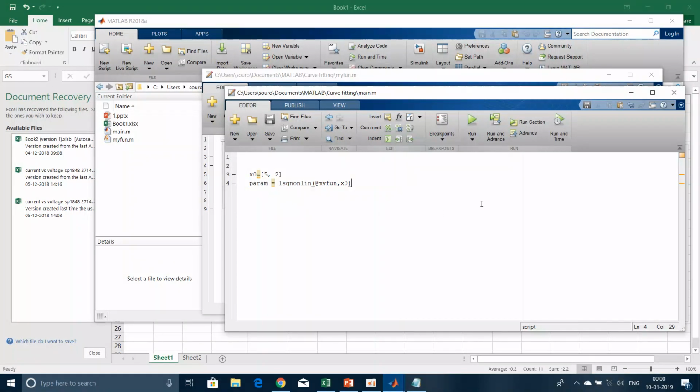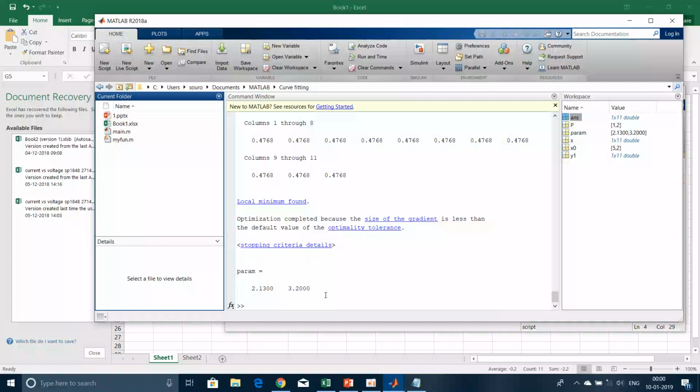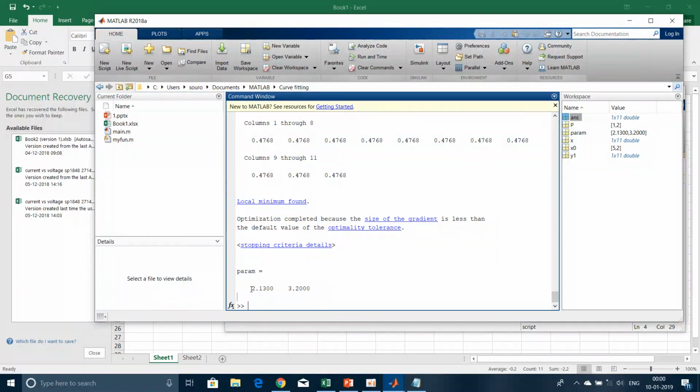Okay, so let's run this. So let's type run. So param becomes 2.13, 3.2. So that's it.